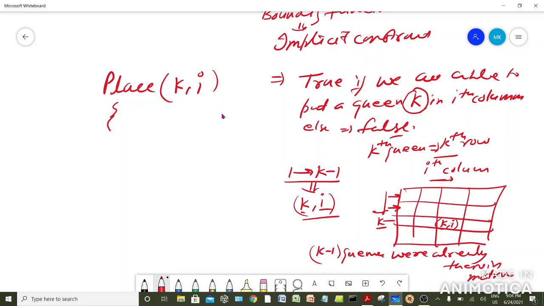So this is going to be our purpose. This is going to be the overall output from the place function, which is the proper bounding function we will be using.